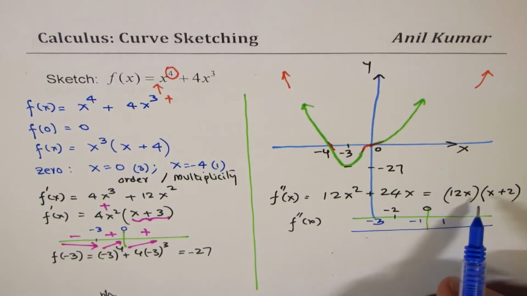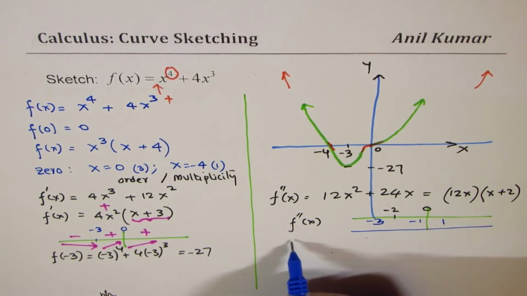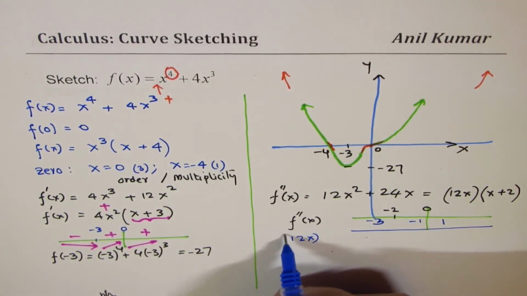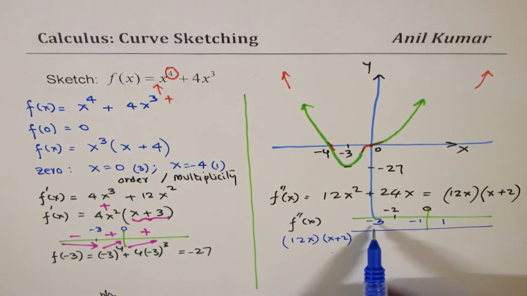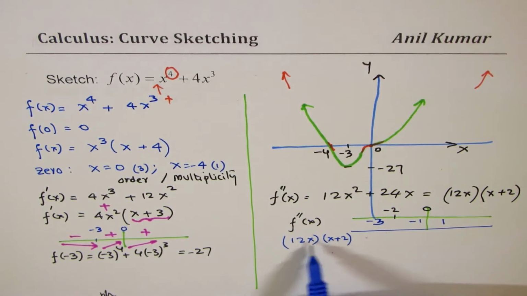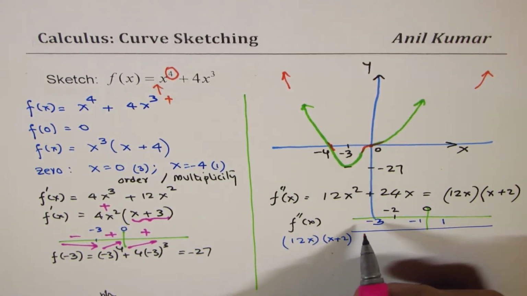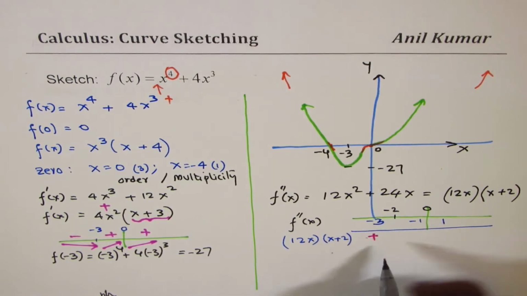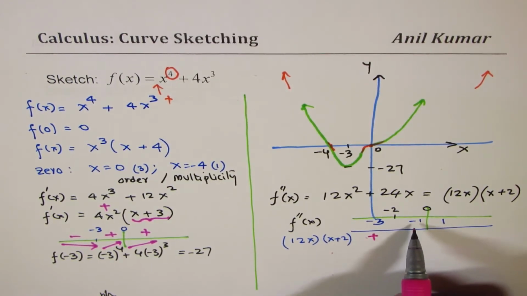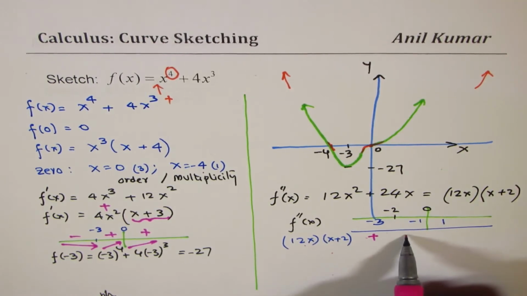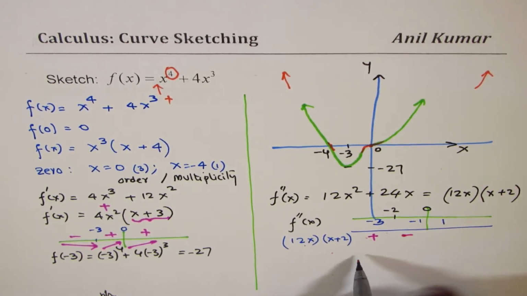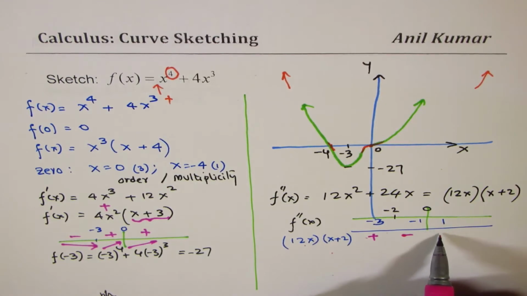So if I write this function, which is 12x times x plus 2, and substitute minus 3, both are negative, so we get a positive value here, right? Now if I substitute negative 1, then only this is negative, not that, so we get a negative value. And for plus 1, we get both positive, correct?